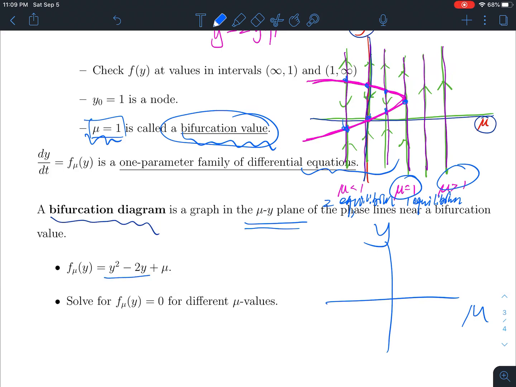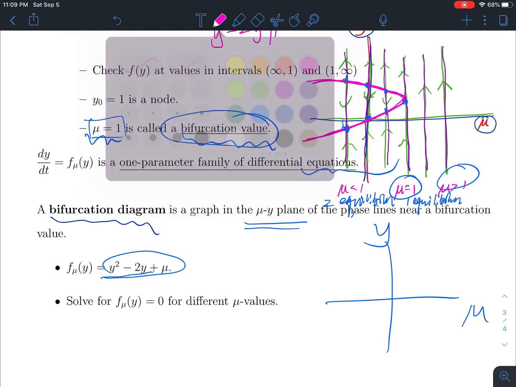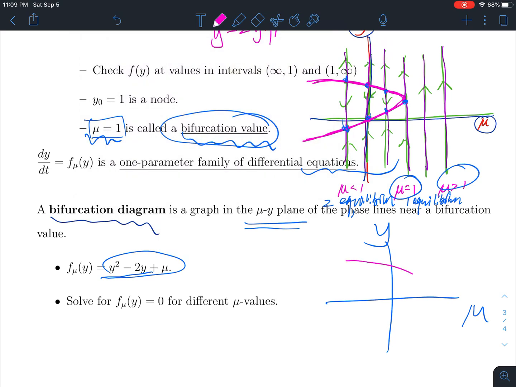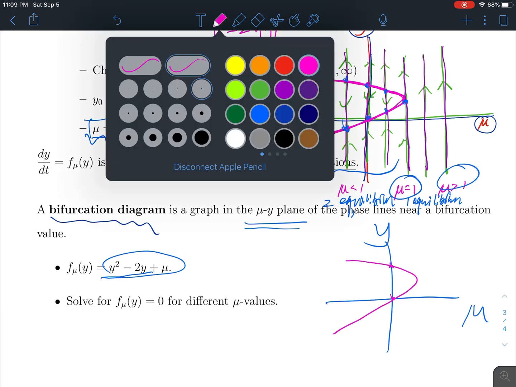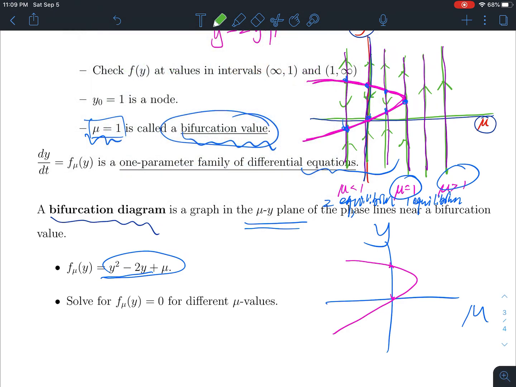Then we try to find all the possible equilibria. In this example, the equilibria are all those points, the real possible y values for different mu values. Then you draw a few sample phase lines.